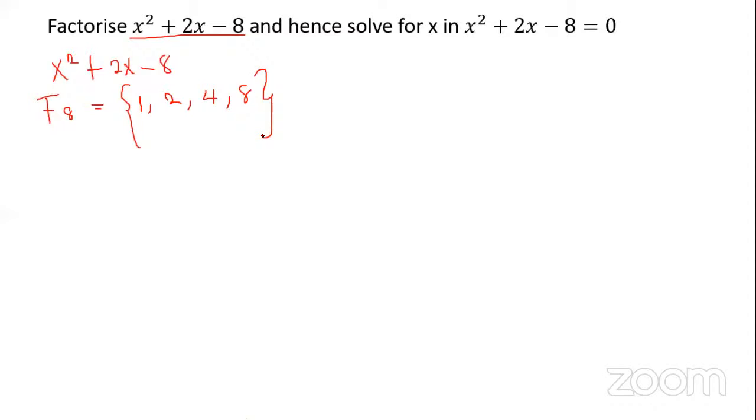So we are going to get two numbers that when we multiply them, they give us negative 8. We are going to choose from this. And when we add them, they give us 2. So what will those numbers be?